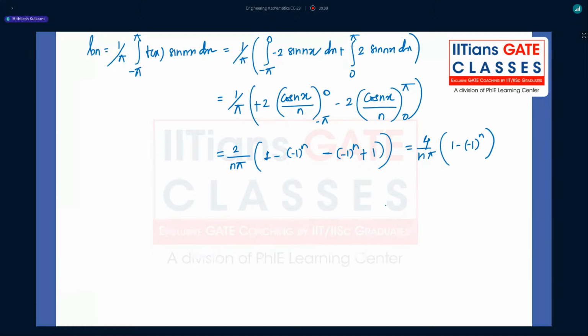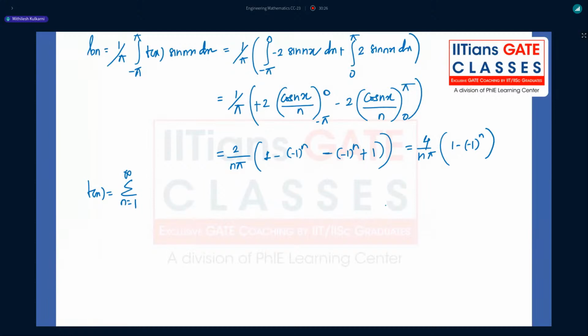Now it's time to combine this bn with the Fourier series. How it will look is f of x, we can write it as summation n equal to 1 to infinity bn sin of nx.